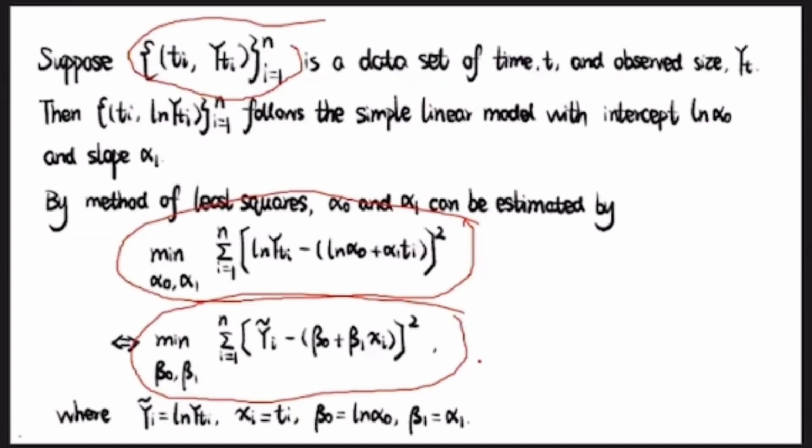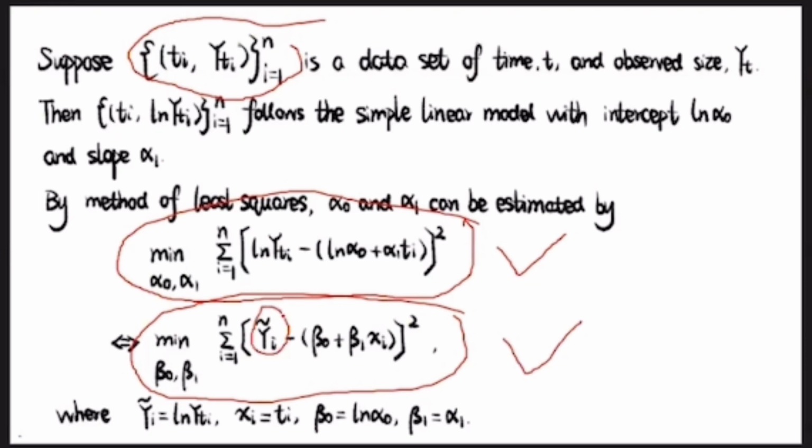What I'm going to do now is, you're going to see that beta naught is being replaced by log of alpha naught. And you're going to see that time replaces x, because we're telling the world the independent variable is x. Not only that, instead of working with y_t, we're going to be working with the log. If I want to equate this to this, take a look at this y.